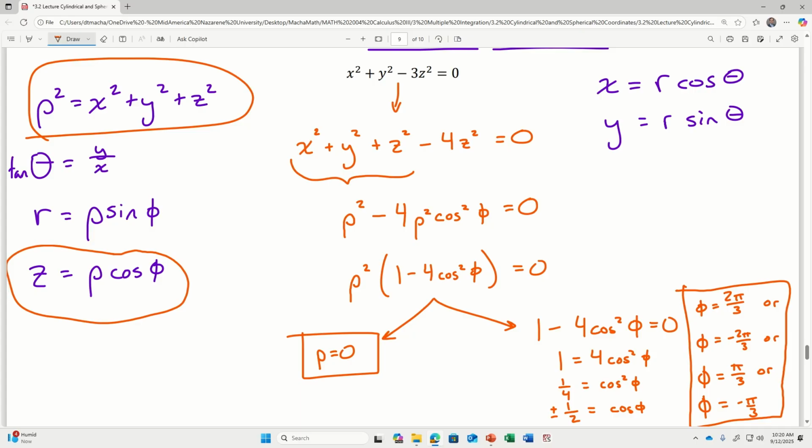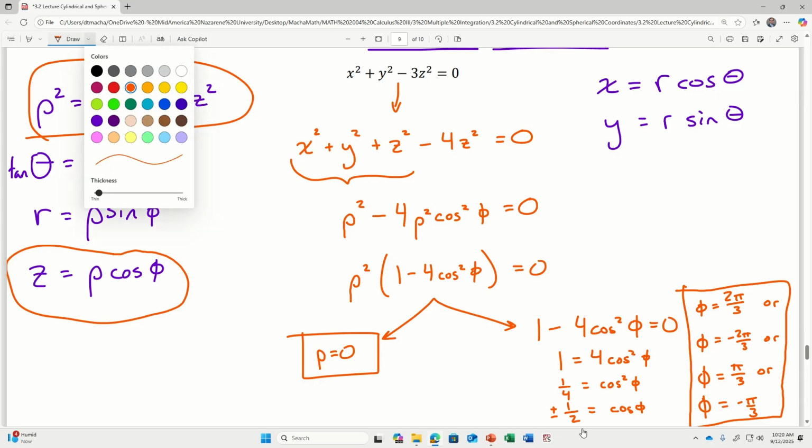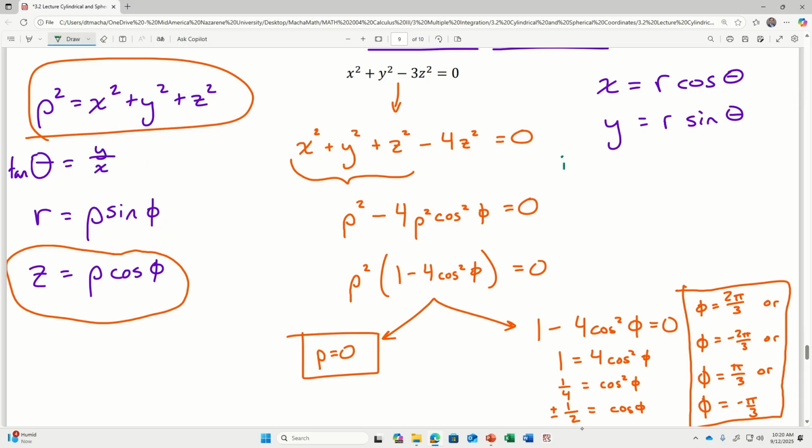And it's just kind of convention. I didn't say this before, but it is the convention for spherical coordinates that we always say rho is positive.